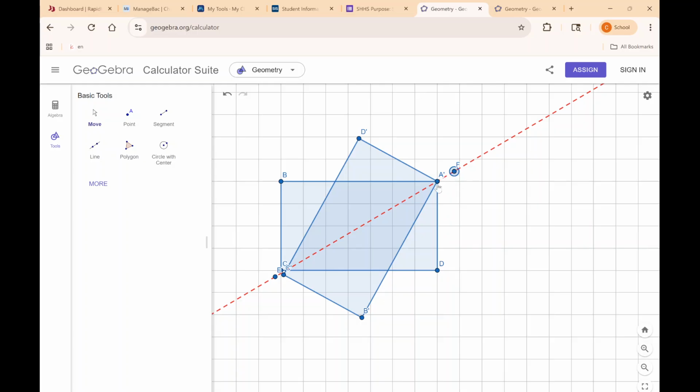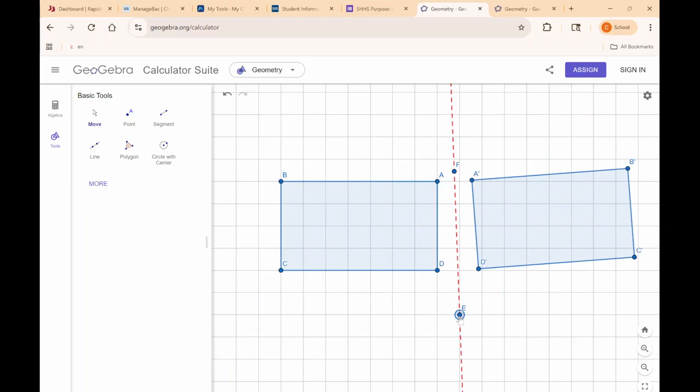And as we see here, no, the diagonal does not work. Okay, so the diagonals do not work as a line of symmetry. Okay, we get this cool kind of mirror image, but it's not reflecting on top of itself, so that would not work. Okay, let's move our reflection line over here again.